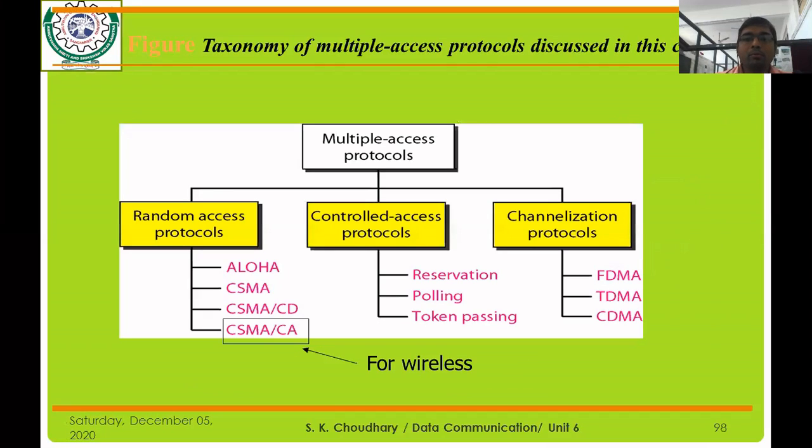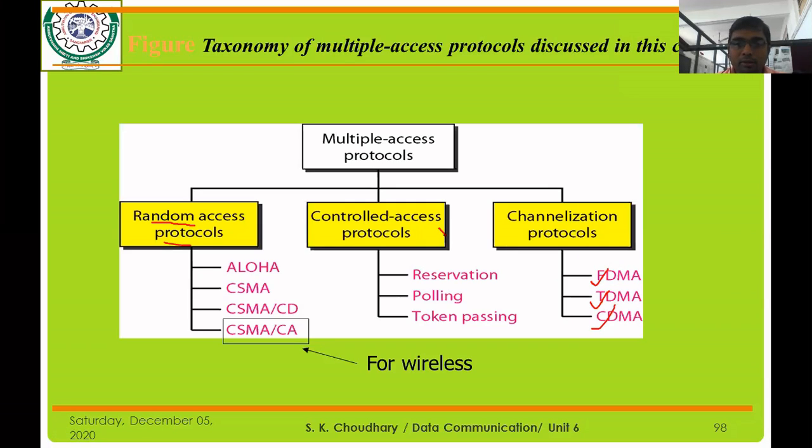If you look at the taxonomy of multiple access protocols, you will find it can be divided into three categories: random access protocol, control access protocol, and channelization protocol. Here we are going to learn the random access protocol. We have already learned the channelization protocol in this unit.